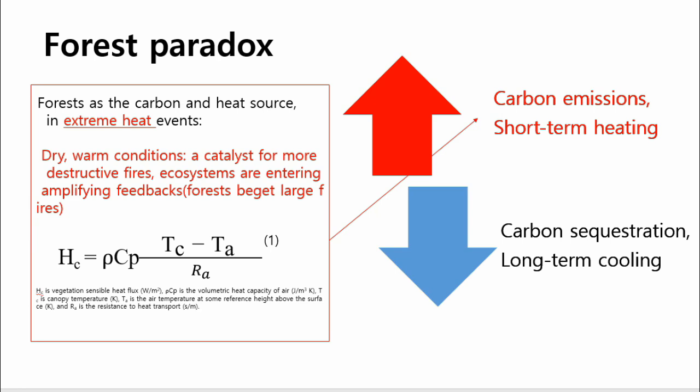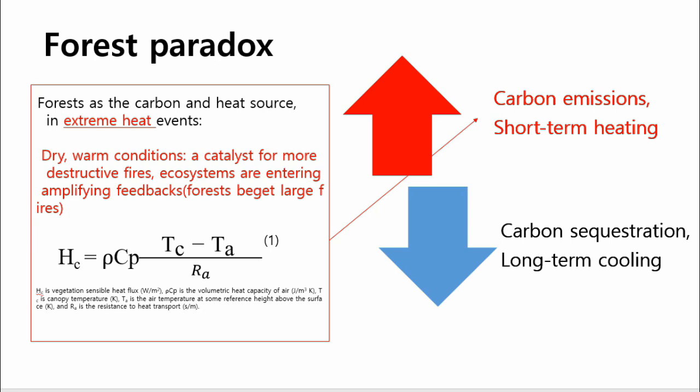Yes, it's true that in the long term, forests have a cooling effect. They are very effective at carbon sequestration. However, in the short term, forests have a heating effect, right? So when there's vegetation heating, this becomes more vulnerable to wildfires and making huge carbon emissions.